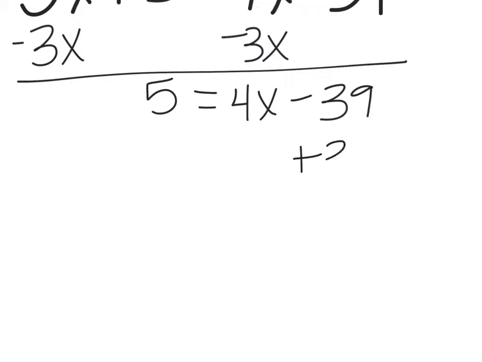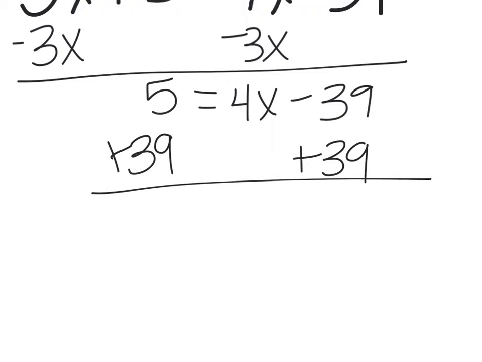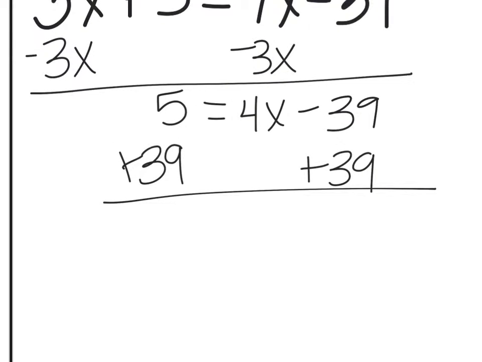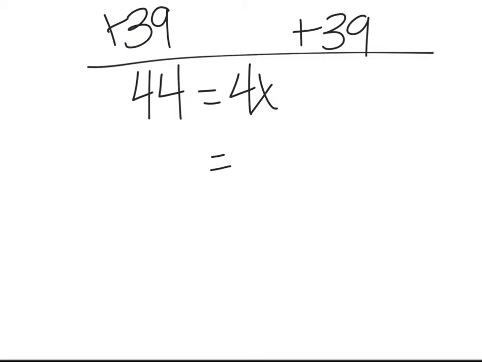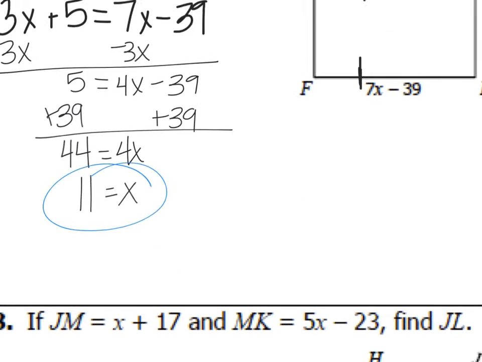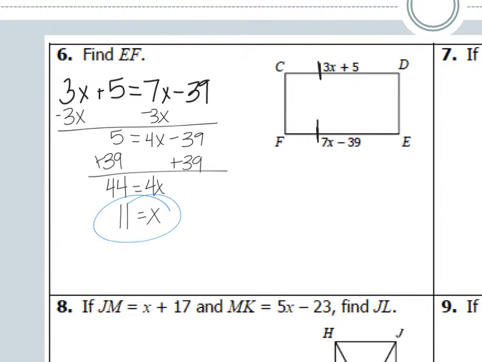So we add 39 to both sides. So 44 equals 4x. Divide both sides by 4, x is 11. A lot of people just stopped there, but we can't because the directions say find EF.